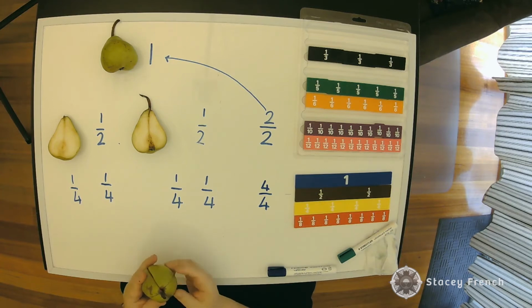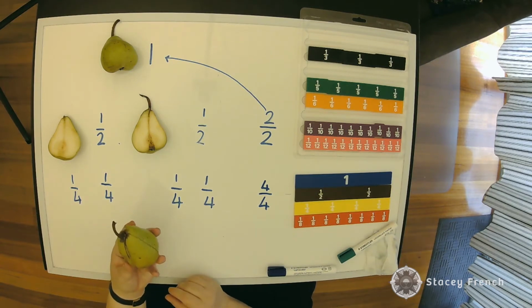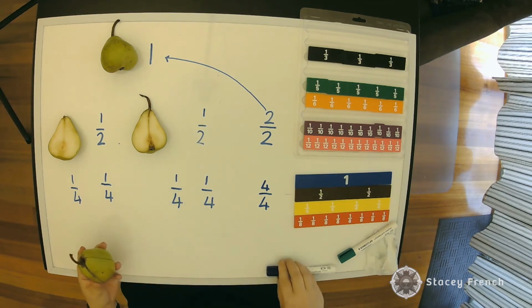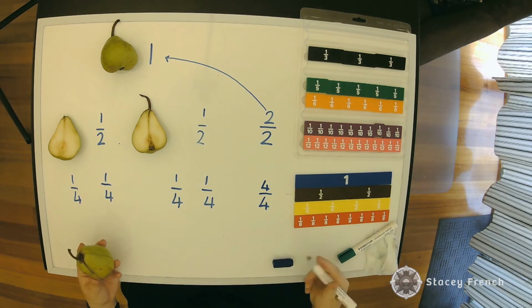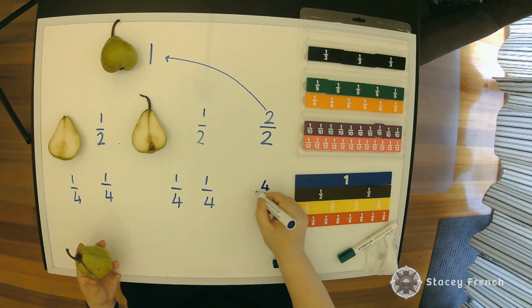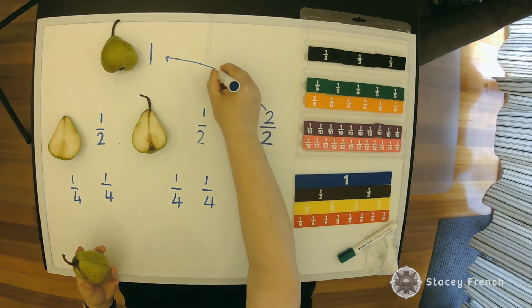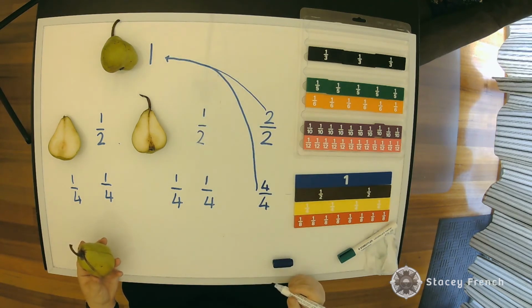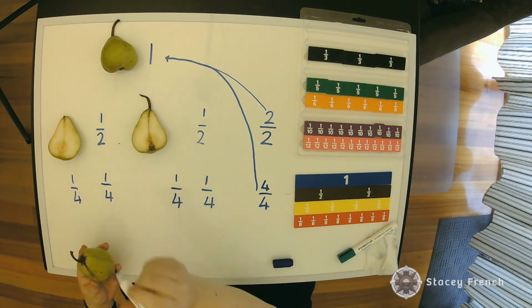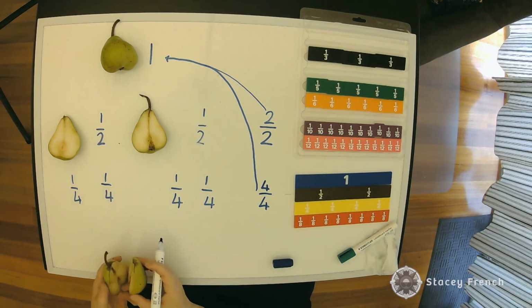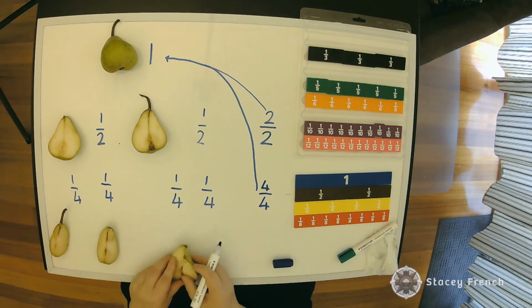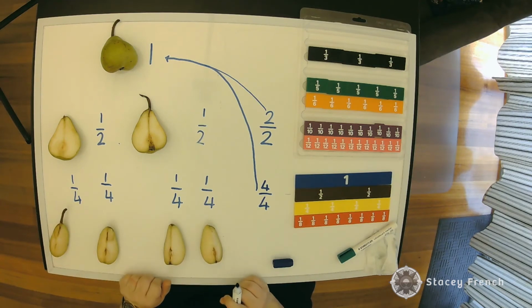Put it back together and I've got 1 whole pear. So 4 quarters is the same as 1 whole pear. It's just that there the pear is not cut up and here it's cut up into 4 equal sized pieces. 1, 2, 3, 4.